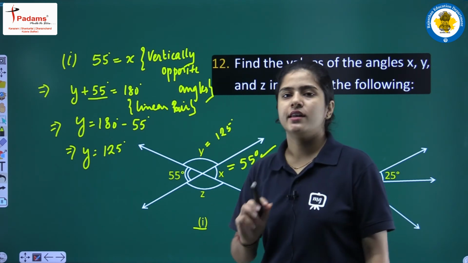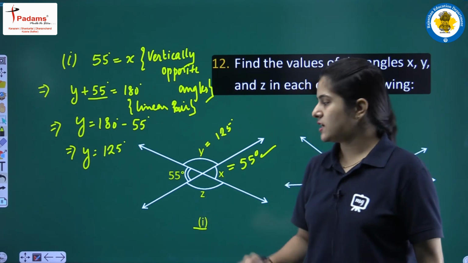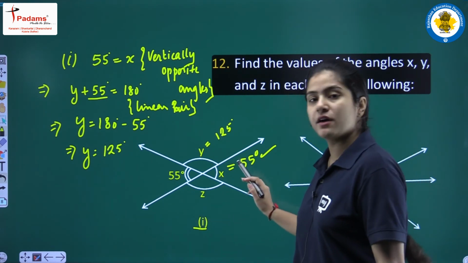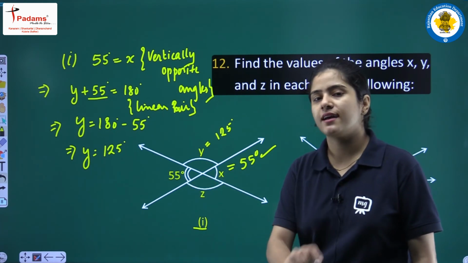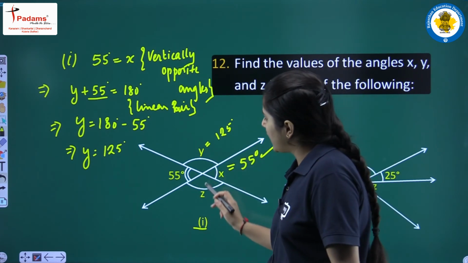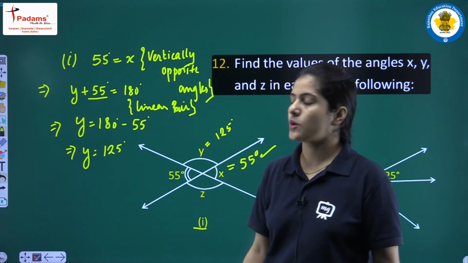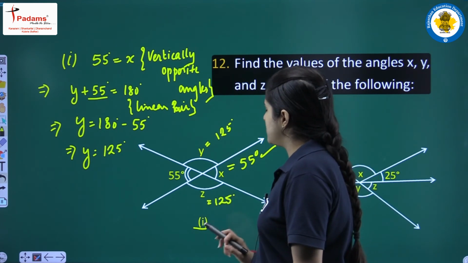Now, there are so many methods to find out the value of z. You can write it like linear pair with x and z, with 55 and z, but we can clearly see, students, y is 125 and y and z are vertically opposite angles. So, if this is 125, then z is also 125 degrees.